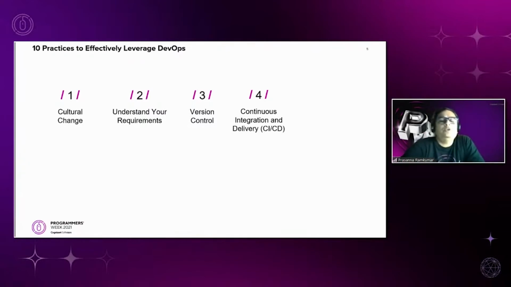Now you can set up your pipeline to fail if 100% of your unit tests don't pass. So at that point, it doesn't go any further. The other thing is you can have code coverage. What I mean by this is, based on your unit tests, what percentage of your code is covered by them?